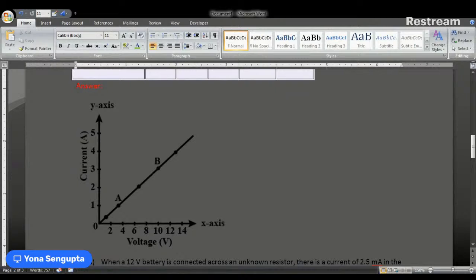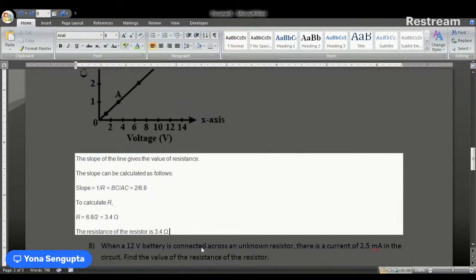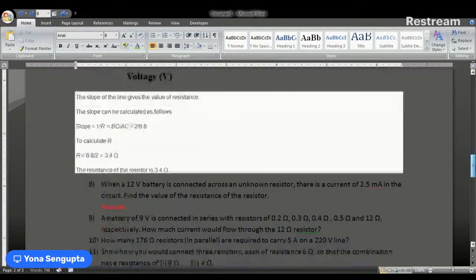So the slope can be calculated as I by R, which is BC by AC, which is 2 by 6.8. So to calculate R, we have R equals 6.8 by 2, which is 3.4 ohm. So the resistance of the resistor is 3.4 ohm. So this is the answer.